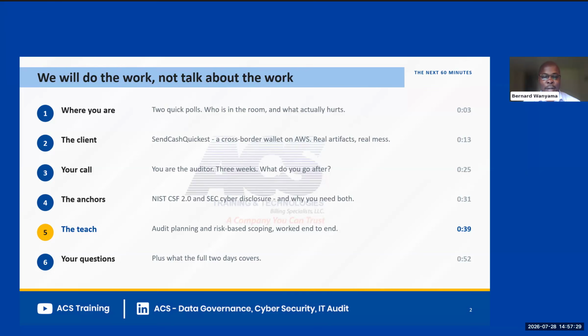Then we'll look at some of the drivers for our audit activity, and then we'll also look at how to approach the audit planning and risk-based scoping so that we're able to ground the audit activity around some very important or very relevant activities.